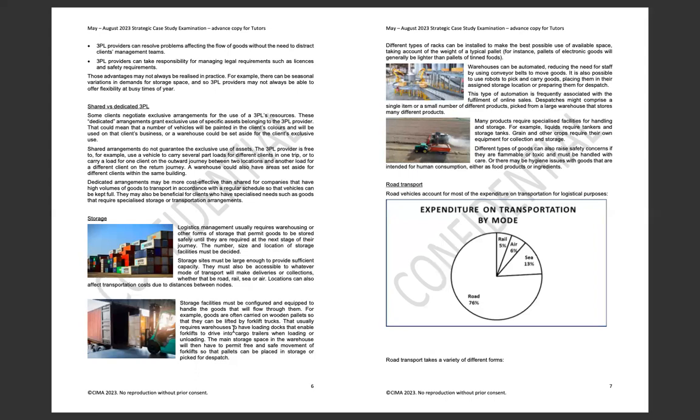That usually requires warehouses to have loading docks that enable forklifts to drive into cargo trailers when loading or unloading. The main storage space in the warehouse will then have to permit free and safe movement of forklifts so that pallets can be placed in storage or picked for dispatch.